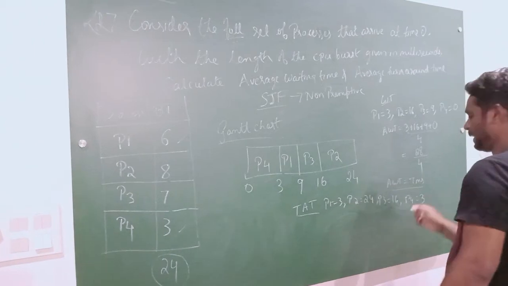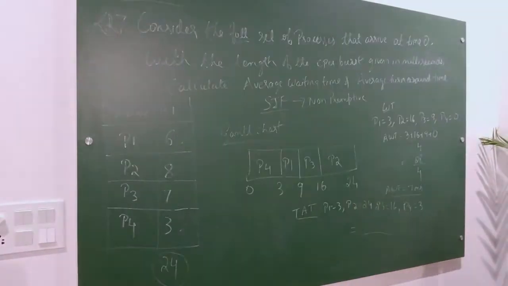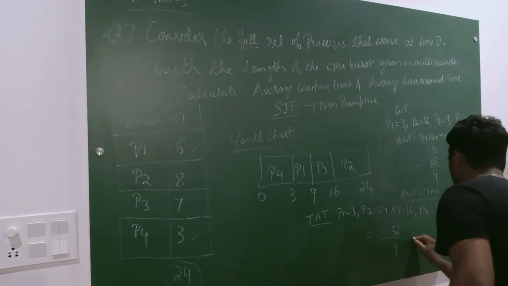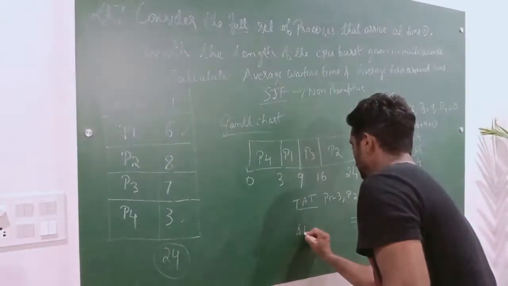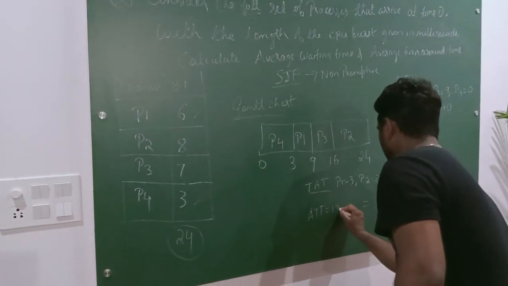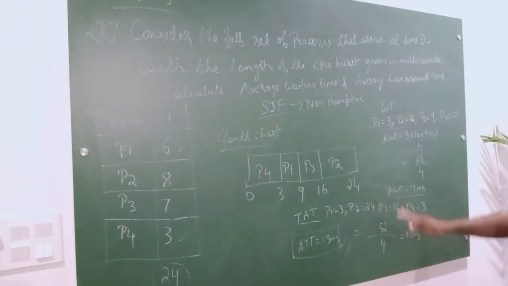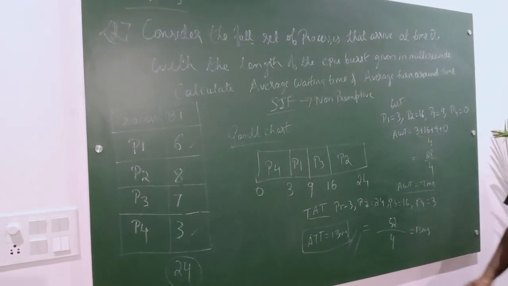P4 is how much? 3. If I add all these things and divide by 4, I'll get 13 milliseconds. So average turnaround time is what? 13 milliseconds. Hope you understood the basic concepts of your SJF and your FCFS.